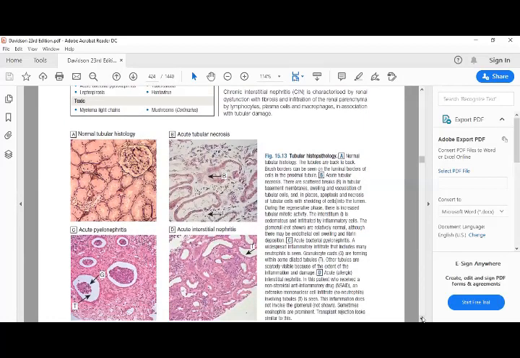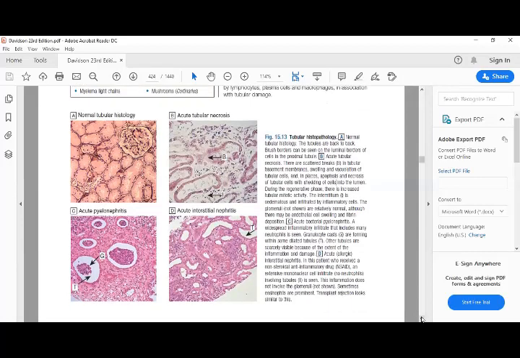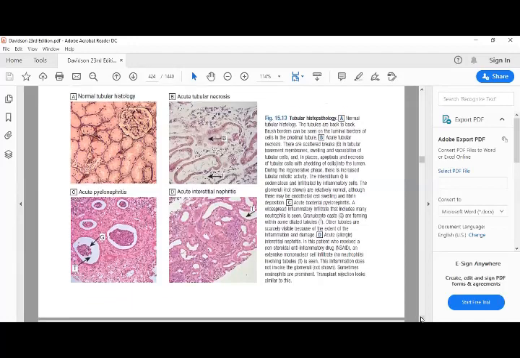Granulocyte casts are forming within some dilated tubules. Other tubules are scarcely visible because of the extent of the inflammatory damage.